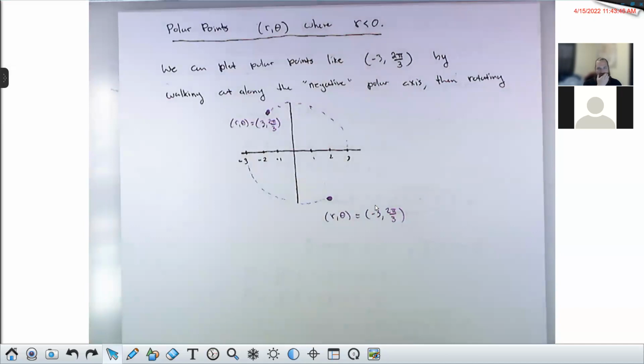And I ask you, do you see any symmetry here? If I was already at this point and you wanted to tell me how to get from this point to this point, what's the most convenient way to describe the relationship between these 2 points?